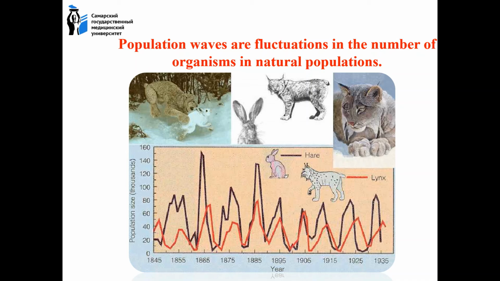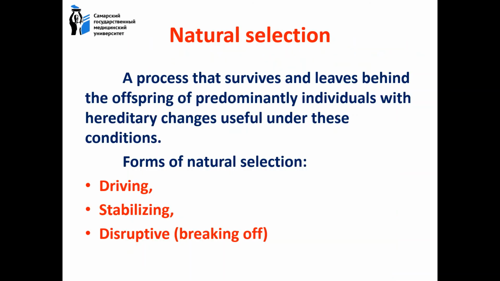One of the important factors which changes the genetic structure of a population is natural selection. Natural selection is a process in which predominantly individuals with hereditary changes useful under these conditions survive and leave offspring. There are several forms of natural selection.